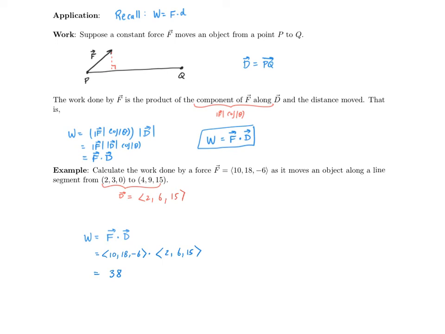A common question I would get asked if we were meeting face to face in class is, what about the units involved? In this case, since we're not given any idea of how we're measuring distance, say in meters, we don't have any units to put with this, so we would just leave it as 38. But I'll note, if distance is measured in meters and force is in newtons, then work is in joules.